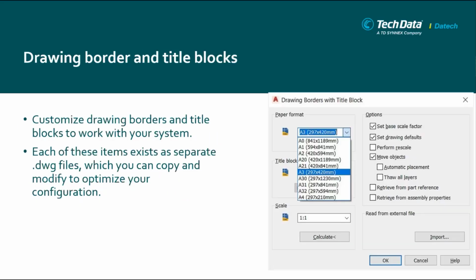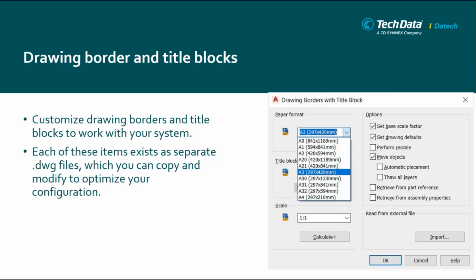Drawing a border and creating .dwg files contains a specific format of objects which requires the content or the command, right? But here in AutoCAD Mechanical Toolset, we have a specific command, AM title. This particular command is available only in AutoCAD Mechanical Toolset.